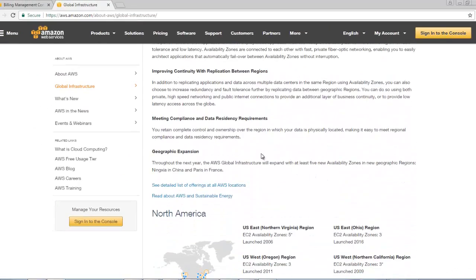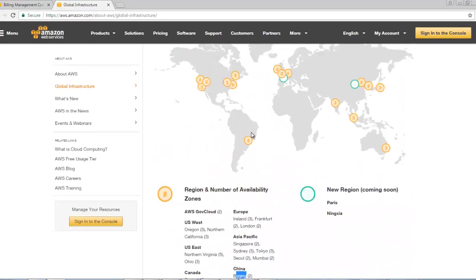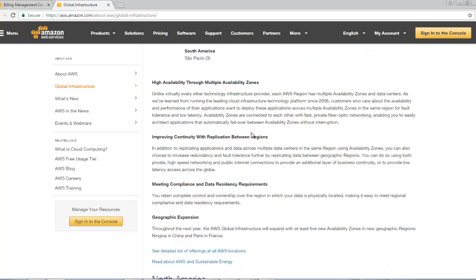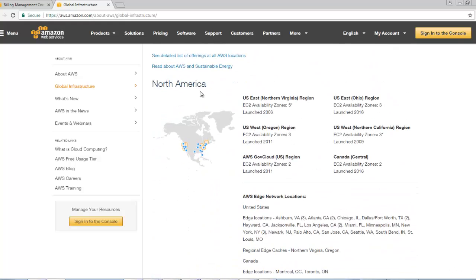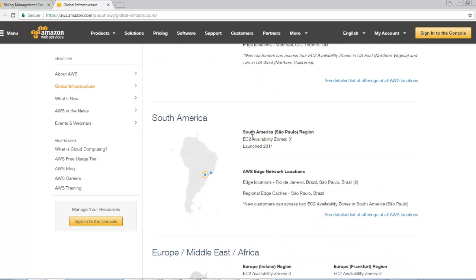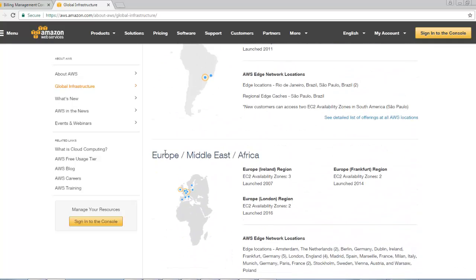All right. So this was more about this global infrastructure. And if you look at it from the perspective of continents like North America, they've given the details. South America, Sao Paulo, Europe and Middle East, Asia, Middle East, Africa.